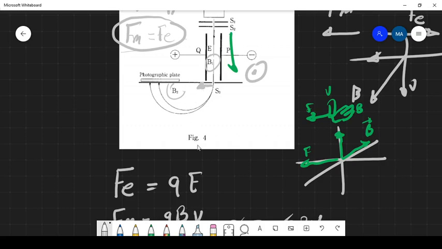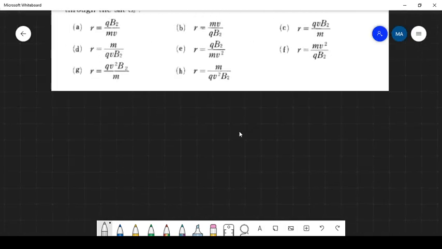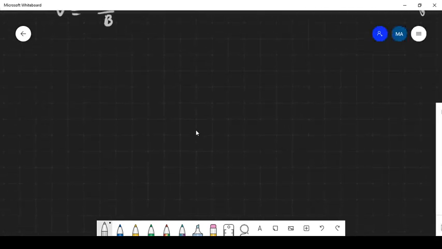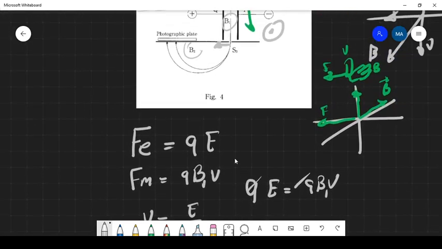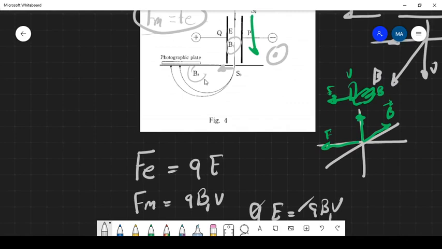Did he tell you where B2 acts? We can know where B2 acts. Where is the direction of the field of B2, the second magnetic field? Notice, just do the right hand rule. The velocity is over here, okay? And the force is over here.